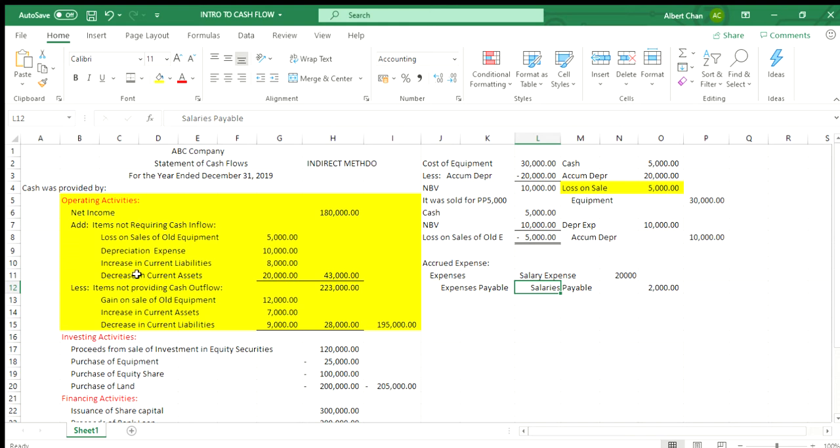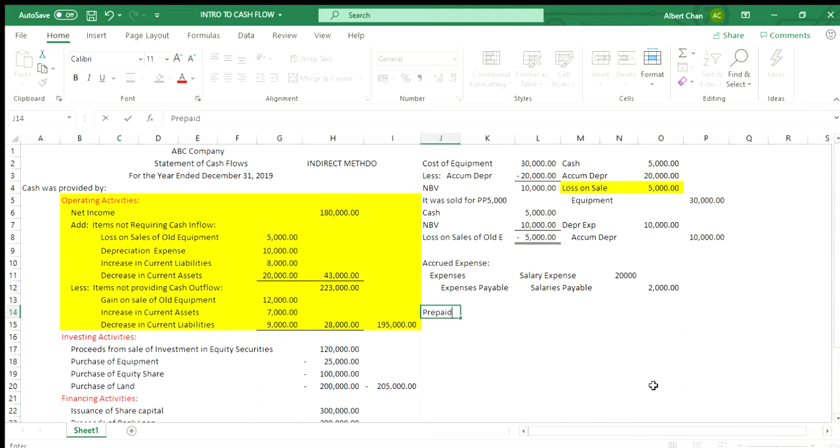Next is decrease in what? Decrease in current assets. One good example is prepaid expense. Assuming on January 1, you purchase or pay an insurance premium amounting to 120,000.